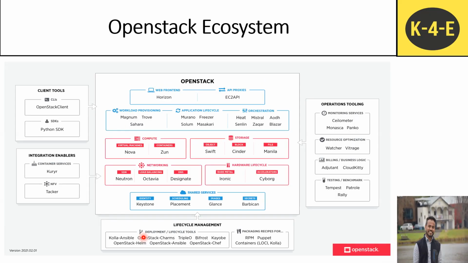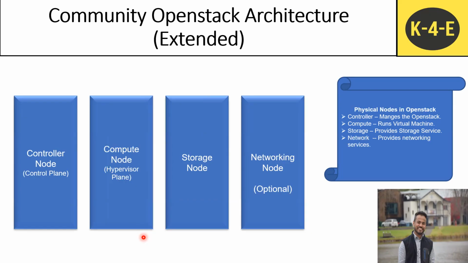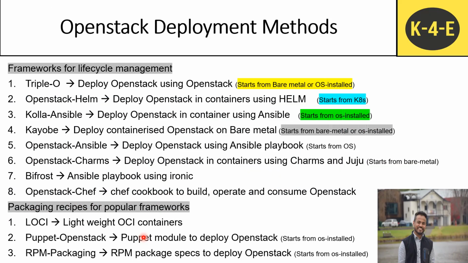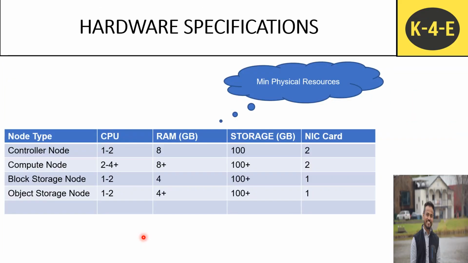See, last week I explained to you about the OpenStack architecture, and the most important thing which I explained was about TripleO. TripleO is a very important architecture in commercial OpenStack environments, and we are going to focus on the TripleO deployment architecture only in our classes.